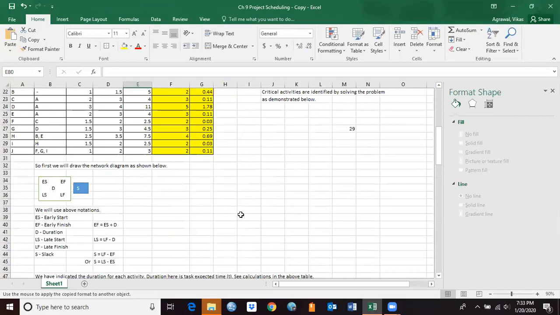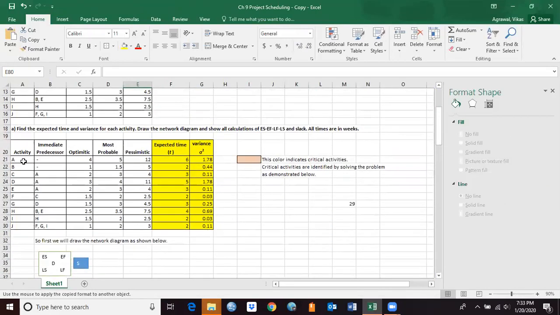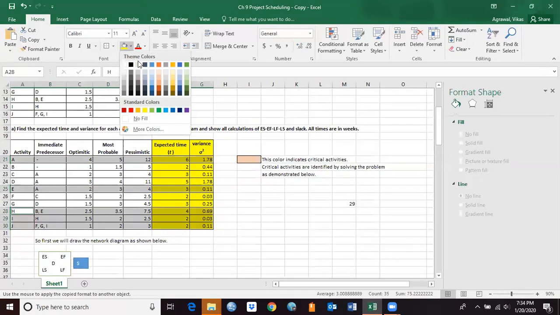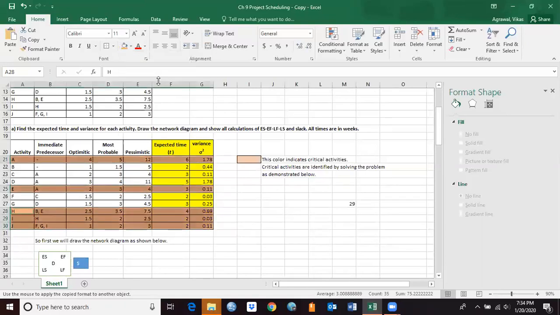And what we can do here is, in this table we can highlight those activities. So we have activity A, and then E, and then H, I, and J. I'm going to highlight them with a different color, something like this. Okay, so these are my critical activities, and I have written here that this color indicates critical activities.